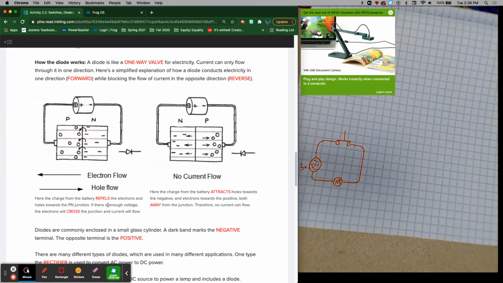Here, the charge from the batteries repels the electrons and holes towards the p-n junction. So we have our negative electrons coming over here. We're getting pushed. If there's enough voltage, the electrons will cross the junction and current will flow.